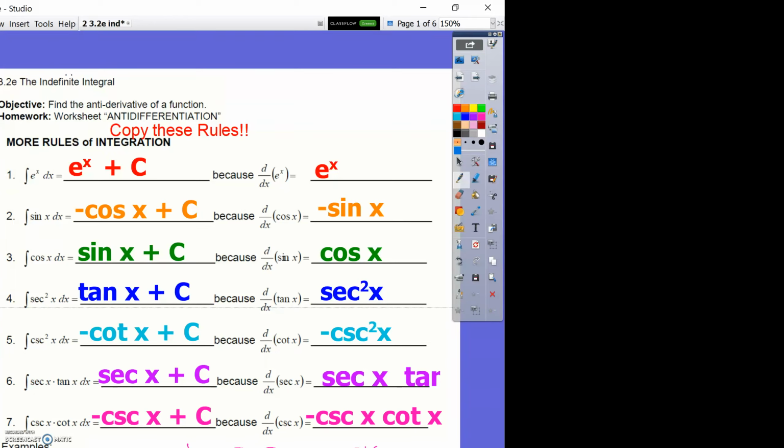Now we can separate it into two antiderivatives: 2 times the integral of x to the 7th dx plus 3 times the integral of x to the negative 2 dx. Take them separately. 2 x to the 7th plus 1 over 8, plus 3 x to the negative 2 plus 1. Negative 2 plus 1 is negative 1. So we divide by the new exponent, and then we always add c.